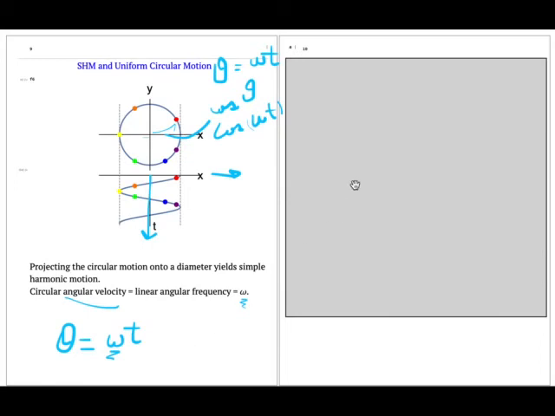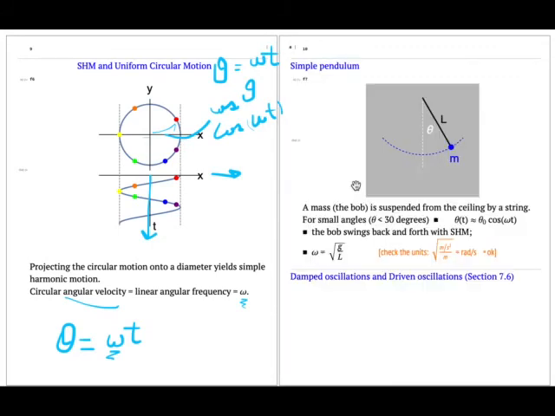All right, there's one more topic. Actually, there are two more topics, but there's another topic in this chapter 7: the simple pendulum. You have a mass, called the bob, suspended from the ceiling by a lightweight string in Earth's gravity.